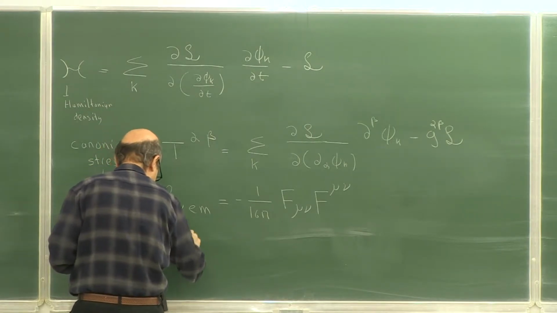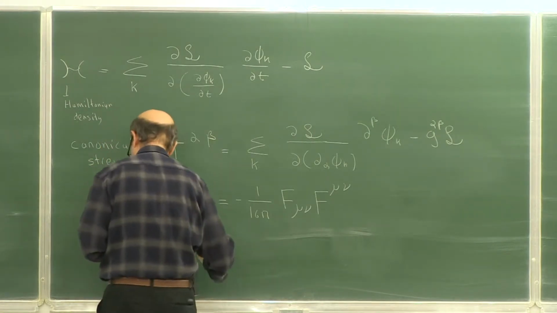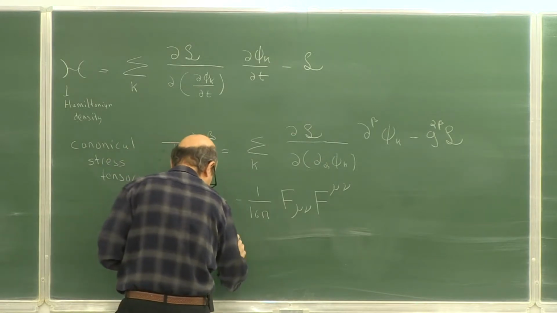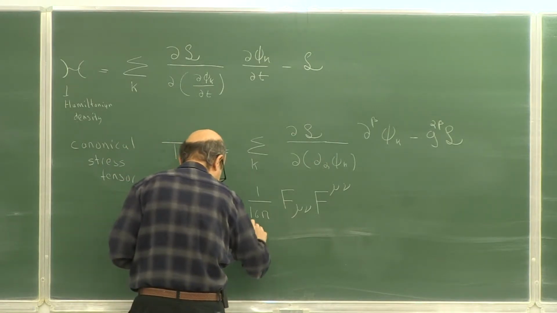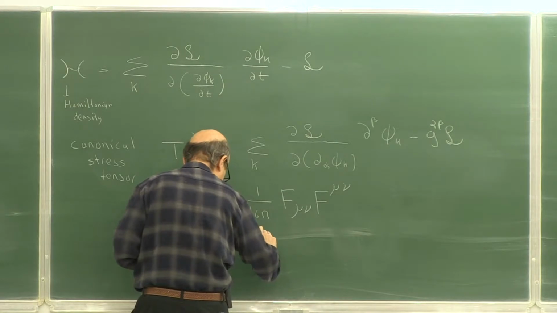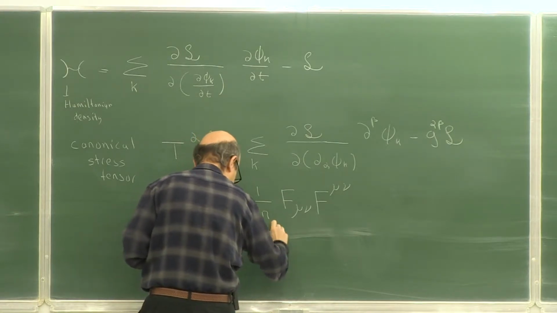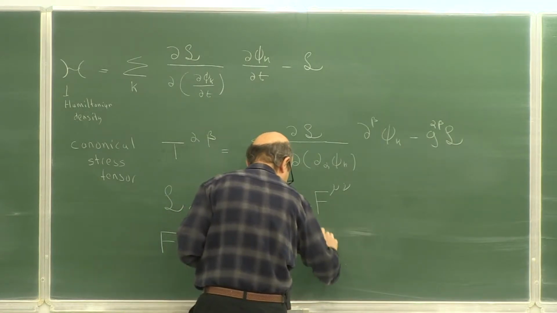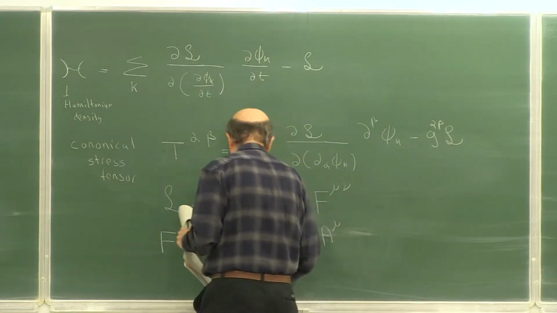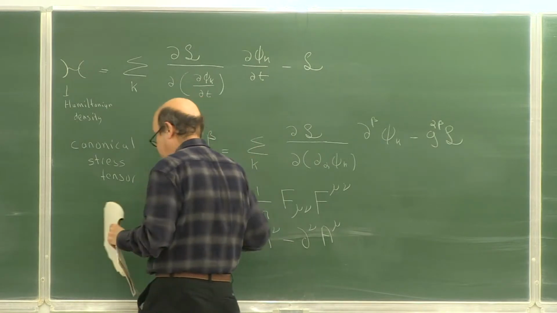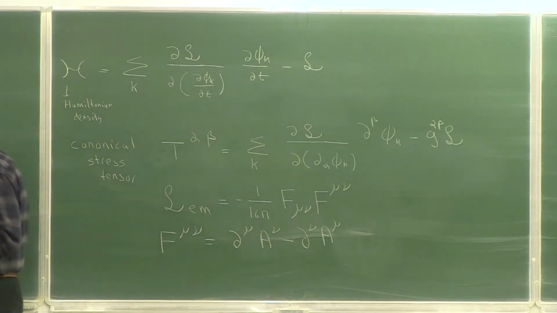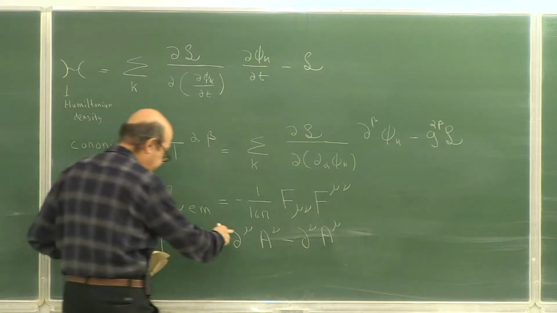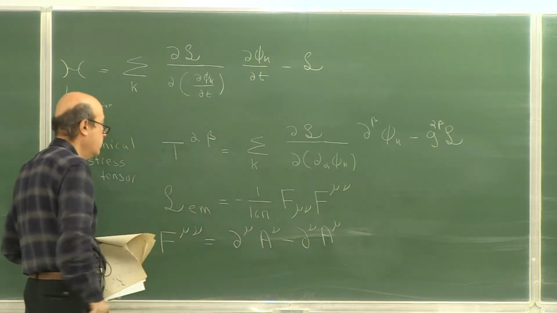F mu nu are related to the derivatives of the four potentials: del mu A nu minus del nu A mu. So now we have a field that is the four potential, and the derivatives of the field are nothing but del mu A nu and so on.